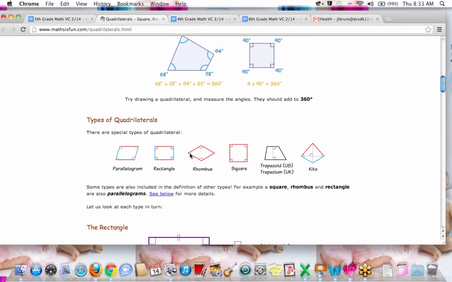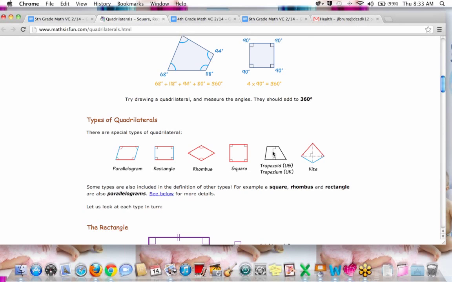And then this angle and the one right across from it is the same. So, not all four are the same, but at least two of them are. Okay. A square, well, that's pretty easy as well. Square means all four sides are the exact same length and angle.